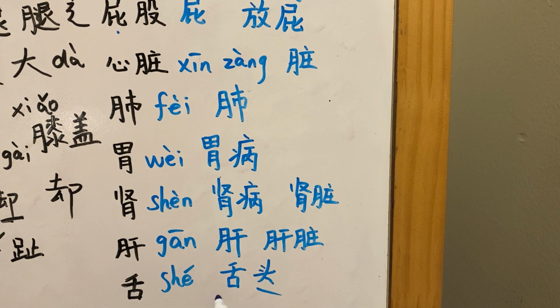But in 舌头, it doesn't mean your tongue's head. It just means your tongue, 舌头. So you know this 头 is sometimes used as a suffix, which doesn't have a specific meaning.